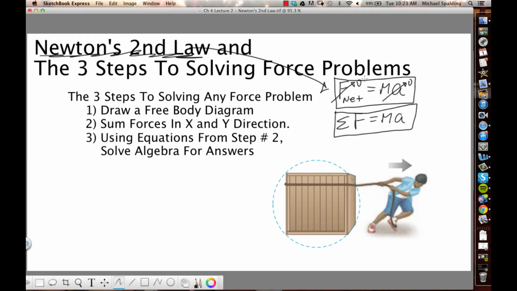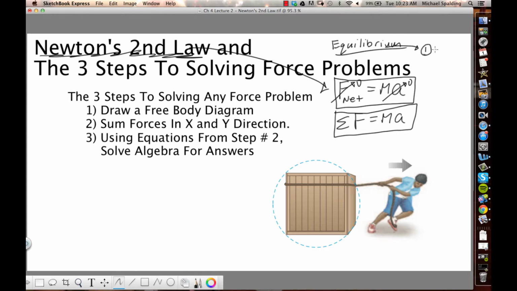And there's a word that I want you guys to know. You have to know what this word means, because if you see it on the quiz or on the AP exam, or many of you are going to take the SAT-2 for physics, you have to know what the word equilibrium means. There's two ways to describe equilibrium.